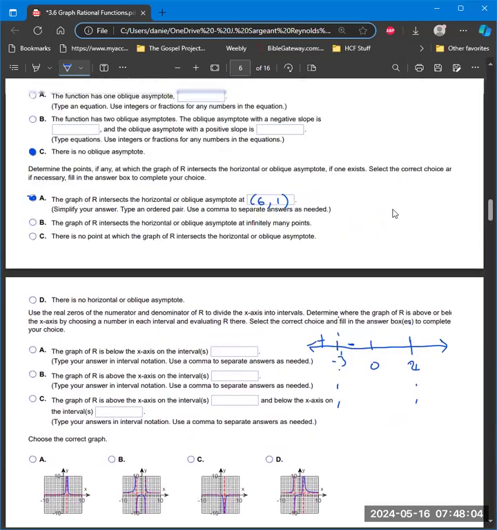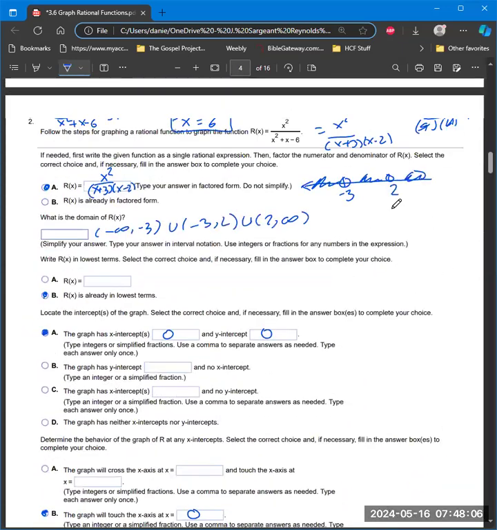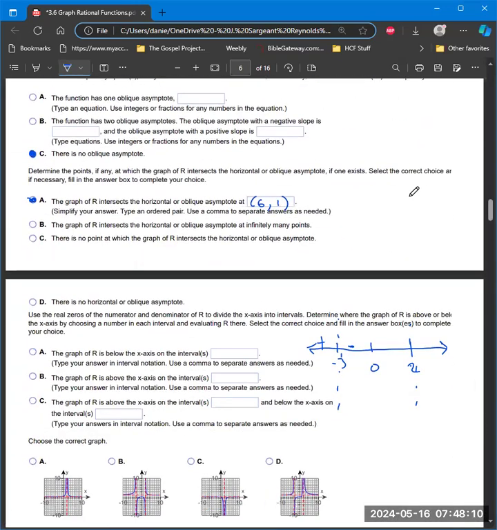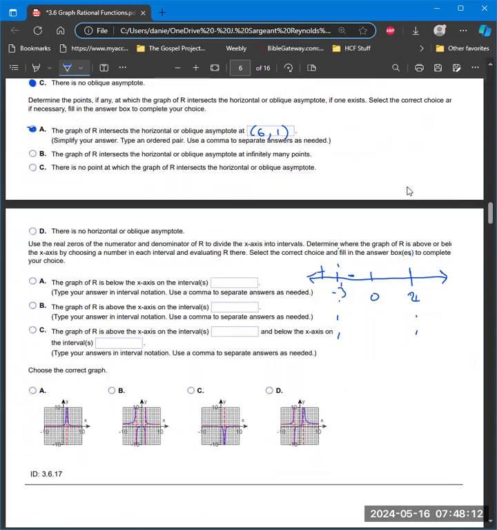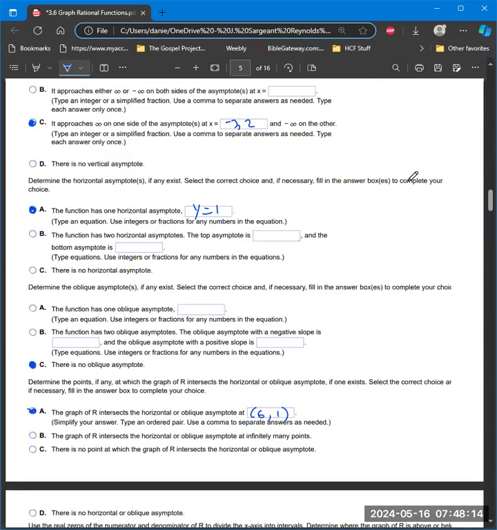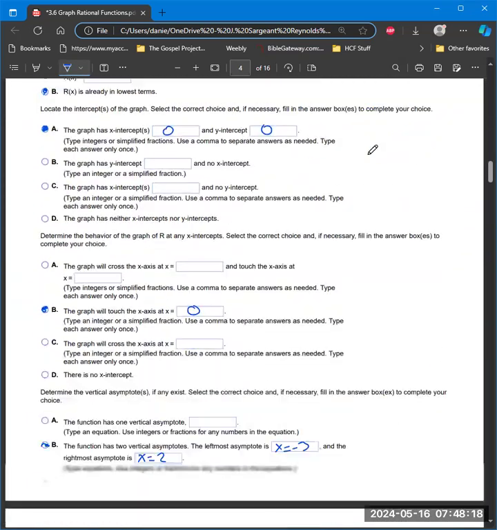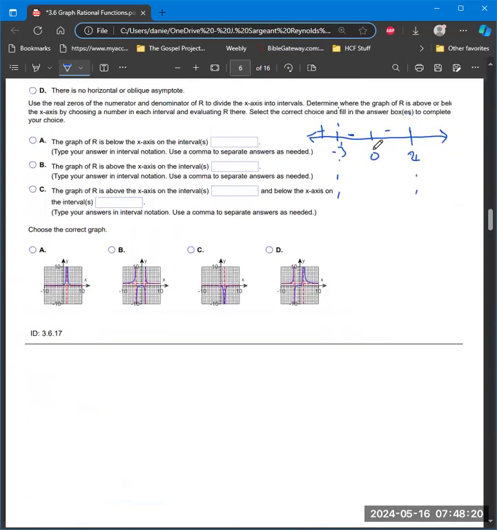When I stick in a number like +1, that's going to be positive, positive, negative. It's going to be negative. And when I stick in a number like +3, that's going to be positive, positive, positive. Is positive. And that's exactly what I expected. I expected no sign change at the 0 because it touches there, but I expected sign changes at the asymptotes here.